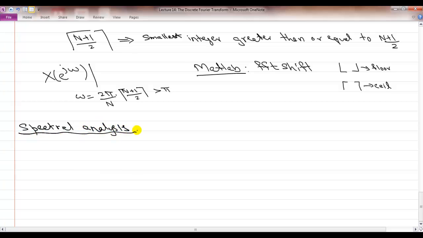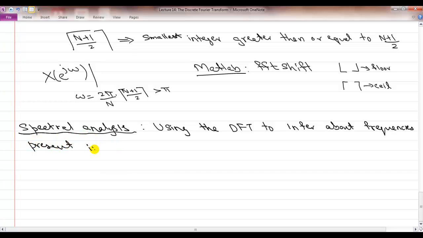There are too many caveats involved, but in general, spectral analysis for the sake of our class means using the DFT to infer about frequencies present in a continuous time signal.